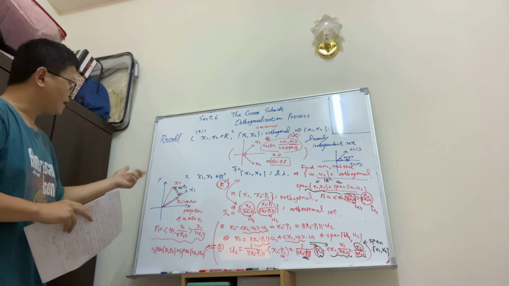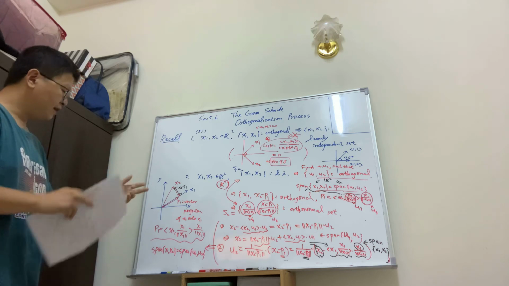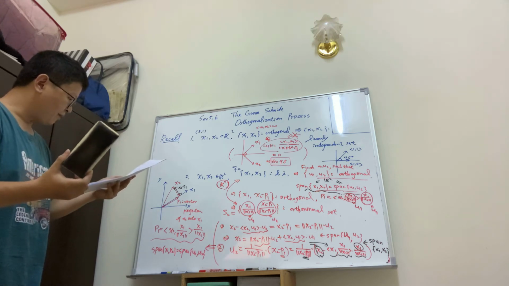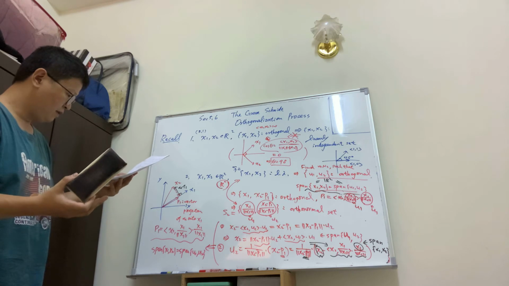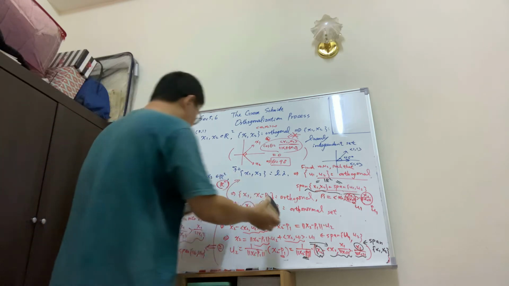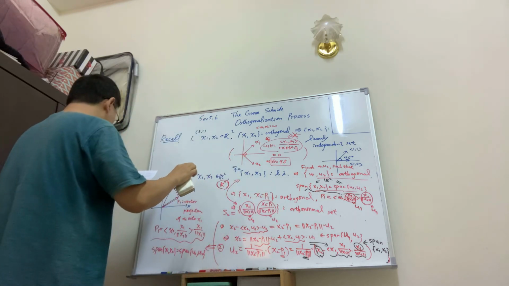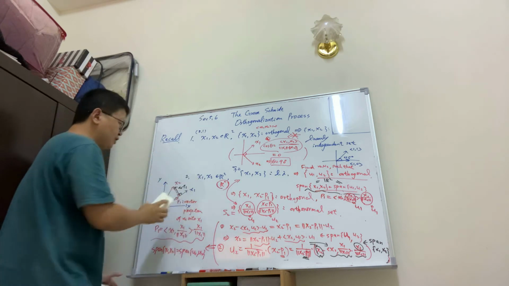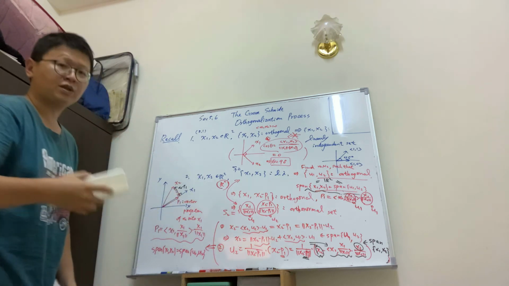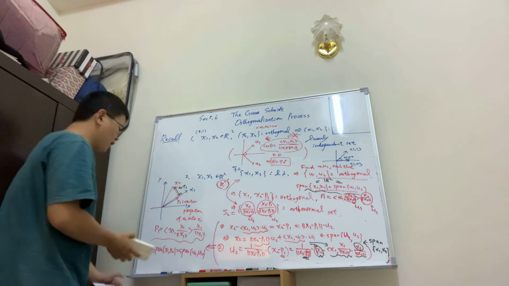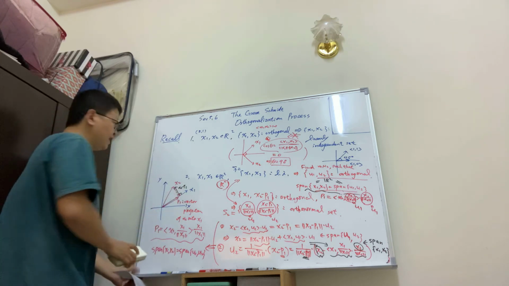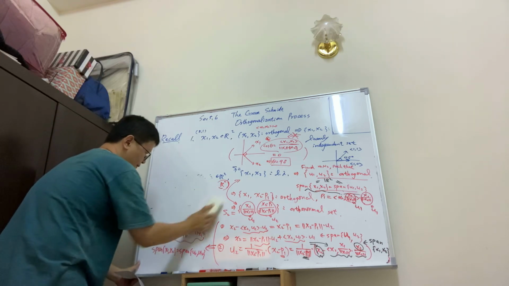But at least you should know. Now the second step, the three-dimensional case. We consider the three-dimensional case and tell you how to derive the formula. Okay, so are you ready?